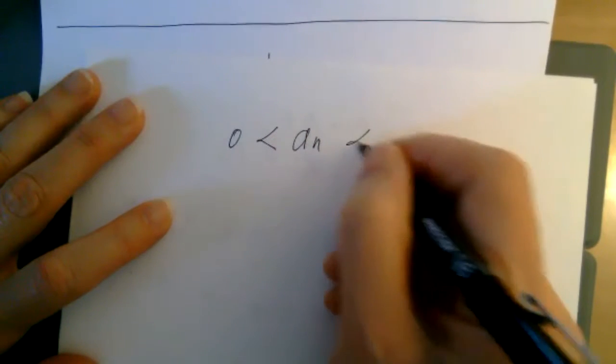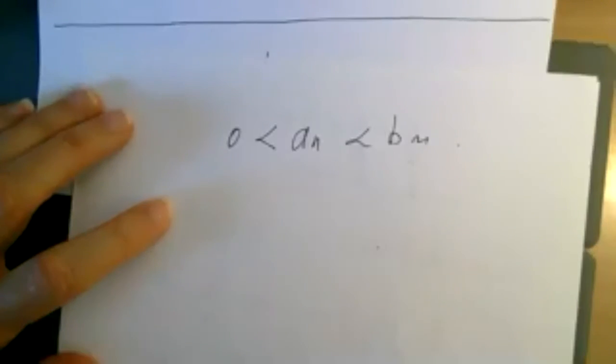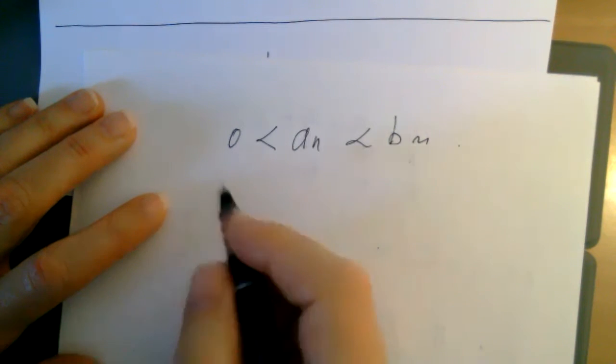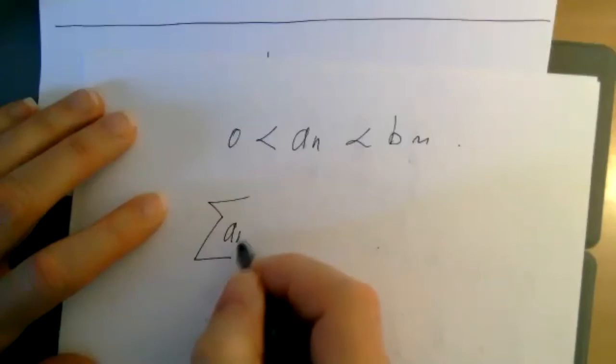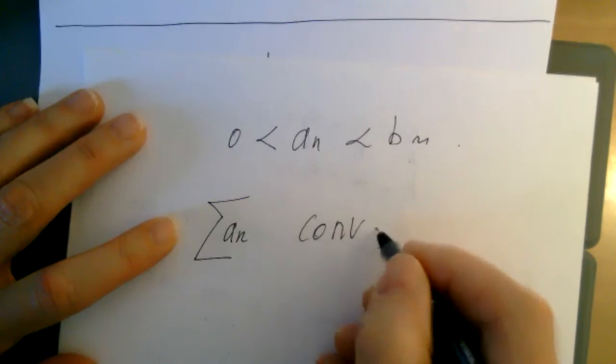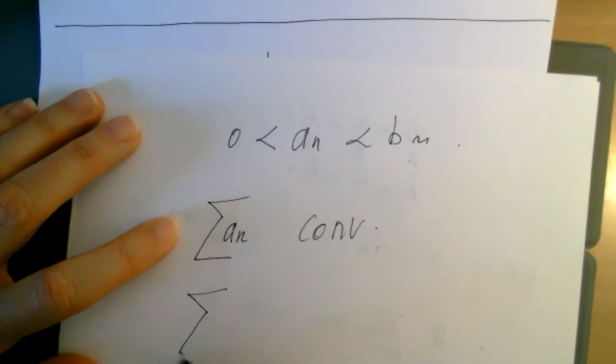Now, my last question is, I want you to give me an example. Again, a simple one. a_n less than b_n, and I want sigma a_n to converge and sigma b_n to diverge, just to show you that the test is very clear.